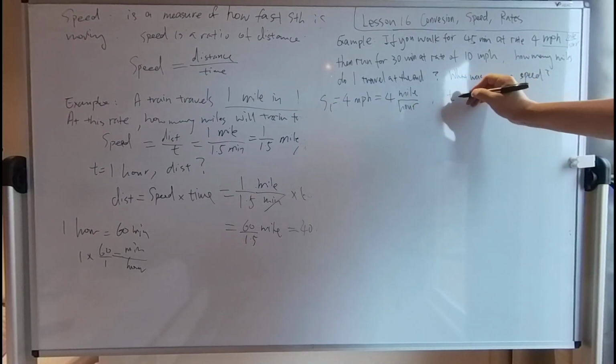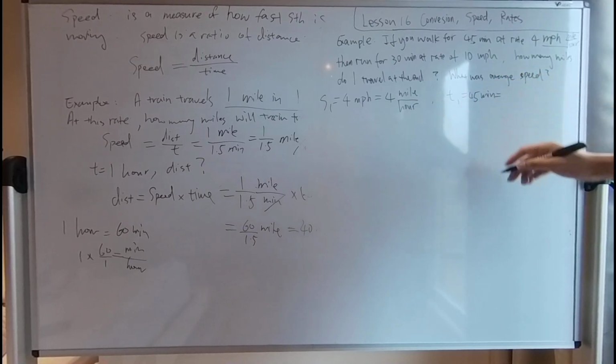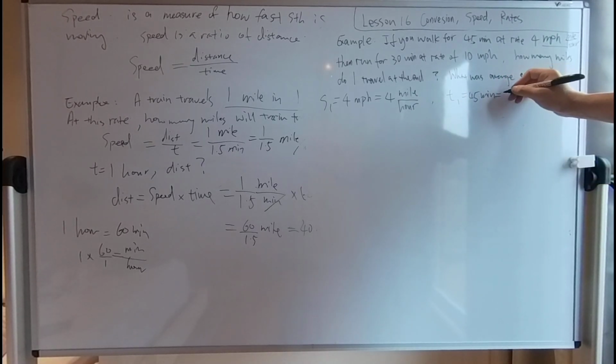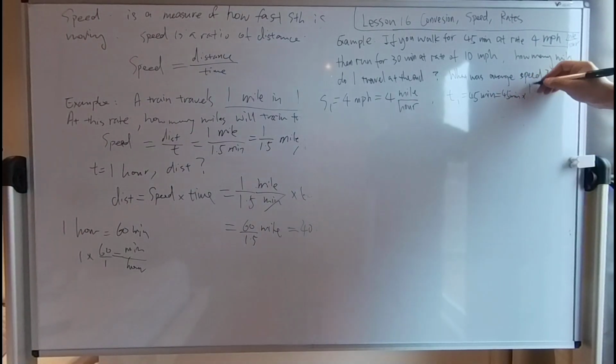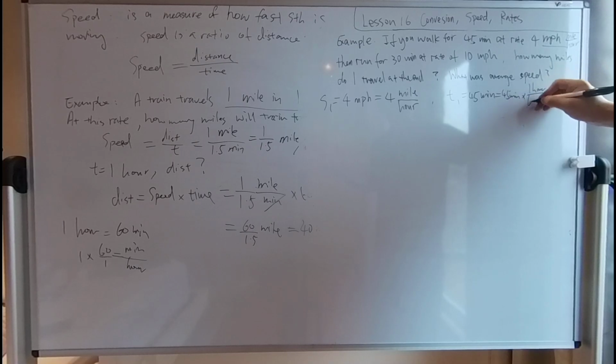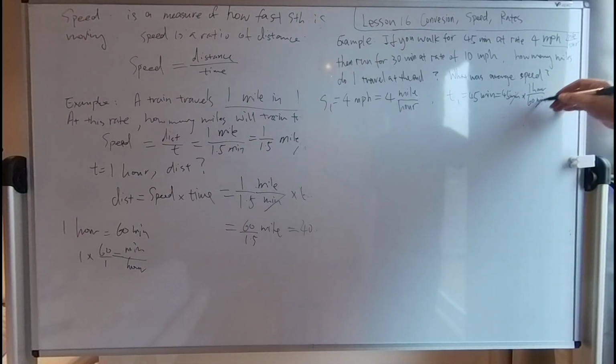So my time 1 is 45 minutes. 45 minutes is multiplied by the conversion of 1 hour over 60 minutes, right? 1 over 60 is the conversion between hours and minutes. So then the minutes will cancel out.